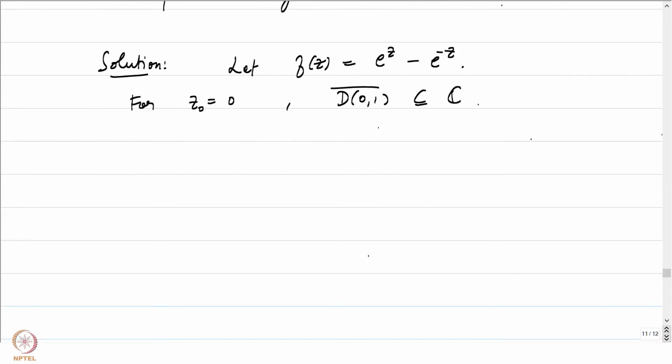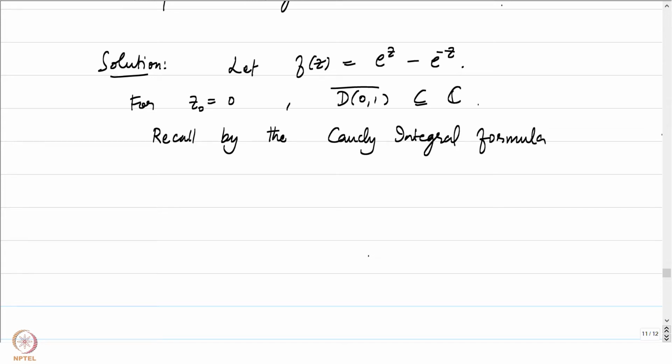And recall, by the higher order Cauchy integral formula, the nth derivative at a point z0, in our case z0 is just the origin here, is going to be equal to n factorial by 2 pi i times the integral of f of z by z minus z0 to the power n plus 1.